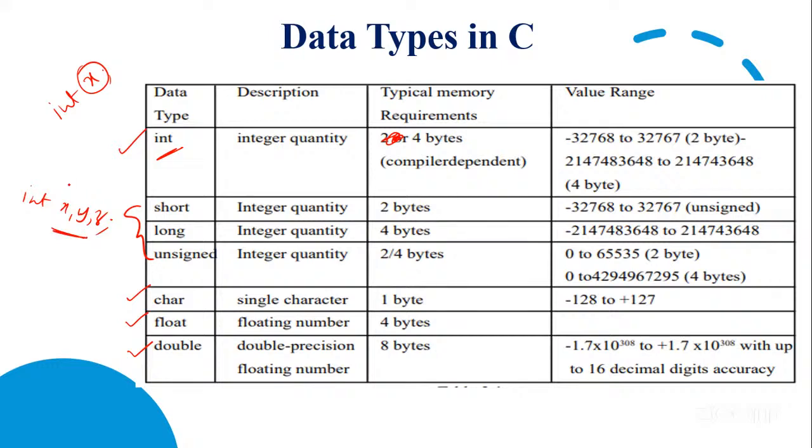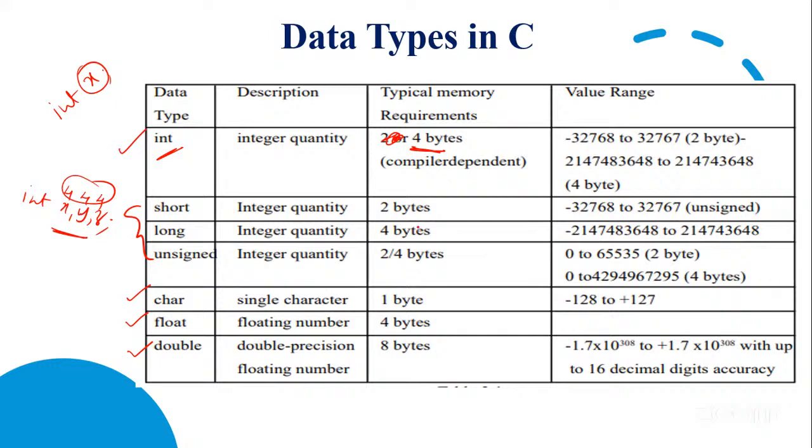This is 4 bytes, and this is 4 bytes, and this is 4 bytes. Total 12 bytes of memory will be occupied. So the size of integer data type is 4 bytes. Remember this one. This is important for competitive purposes also.